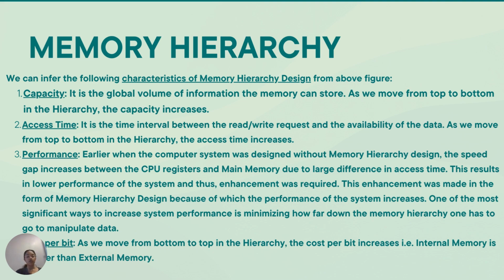As we go from top to bottom, the price decreases, or we can say as we go from bottom to top, the price increases, as price obviously depends upon how the thing we are purchasing is working. As we go from bottom to top, the efficiency of memory increases, so obviously the price would increase.